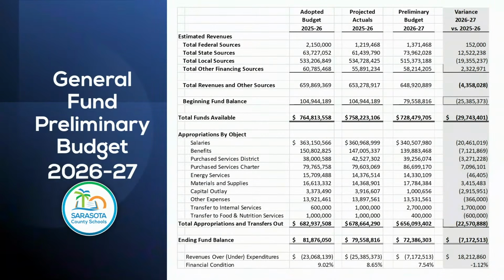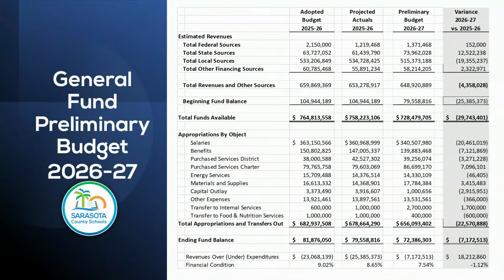Then for purchase services charters, like we said, we have a new charter, the Classical Academy, and they had forecasted over 500 FTE or students. So we have that forecast in there, as well as growth in our Northport Imagine School.